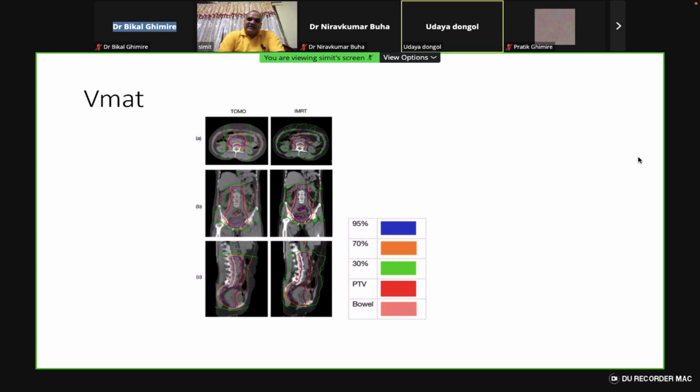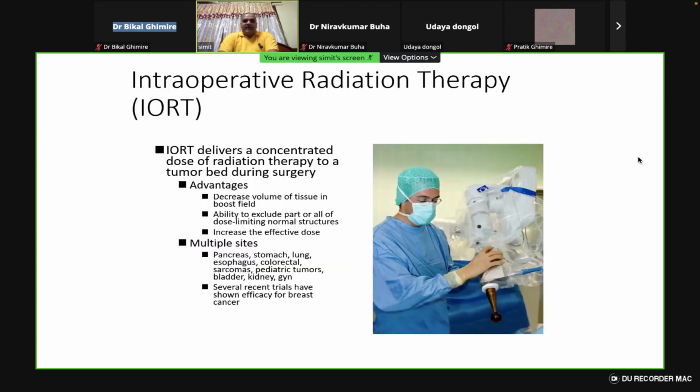In some cases like medulloblastoma, where we have to treat the brain plus the whole spine, VMAT has a superior advantage over IMRT.